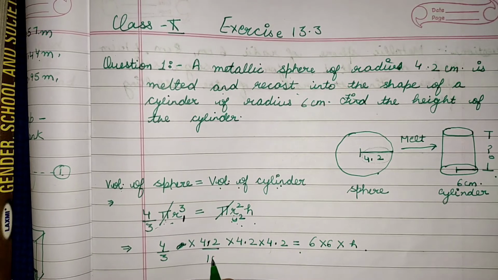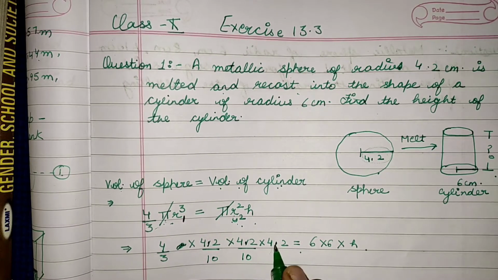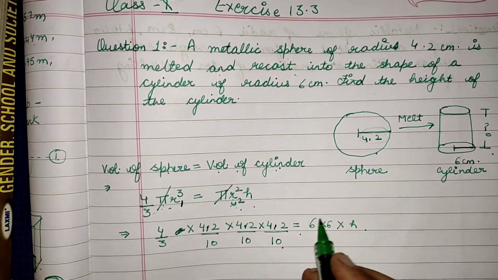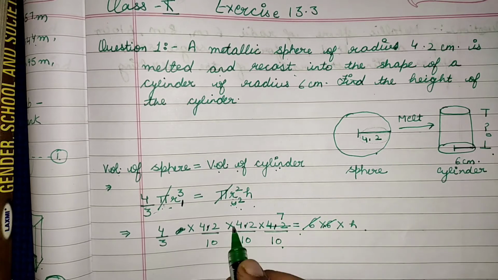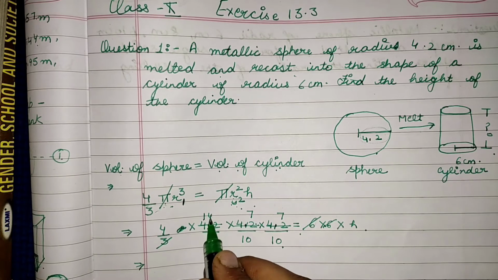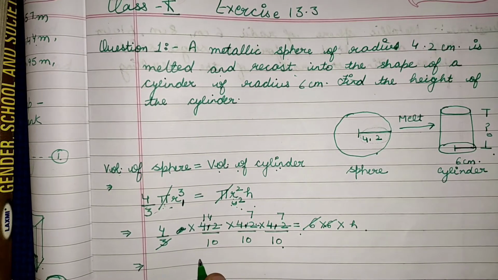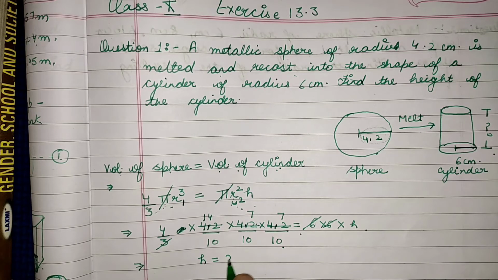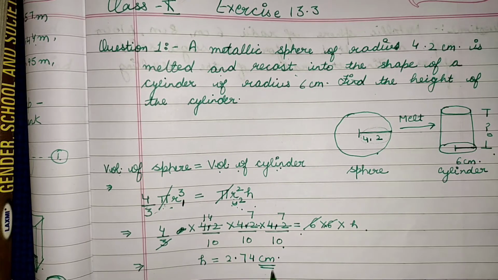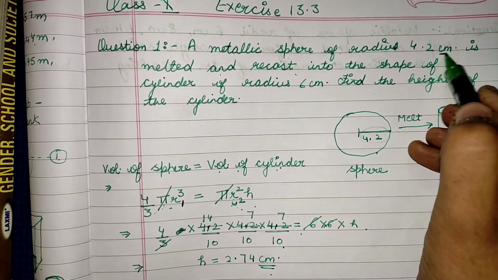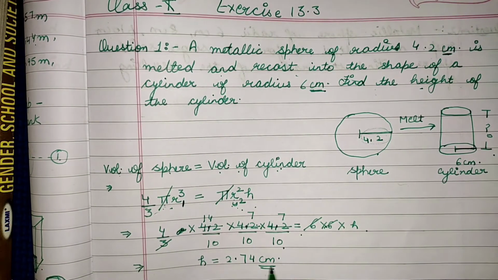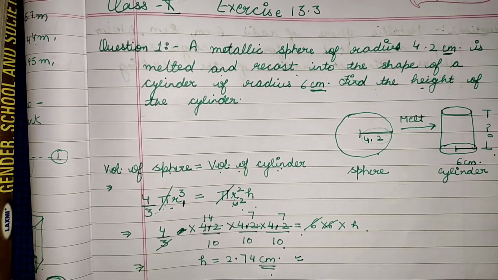When you solve all of this, remove the decimal and divide by 10, cancel out whatever is getting cancelled, and after solving the calculation, you will get the final result: height is equal to 2.74 centimeter. Why centimeter? Because all the dimensions given to us are in centimeters, so the final height of the cylinder will also be in centimeter.